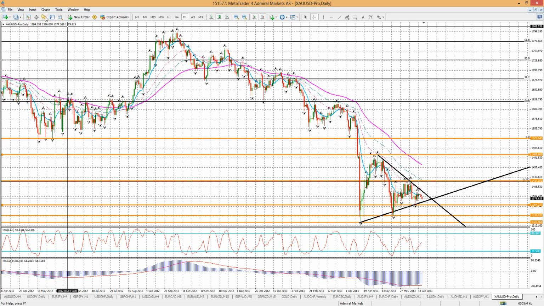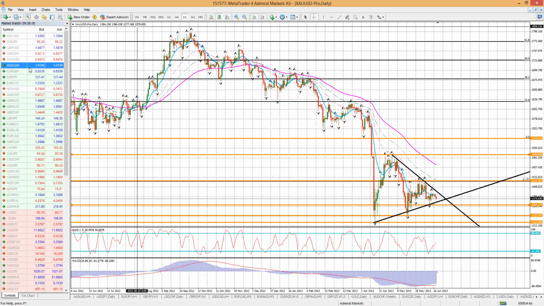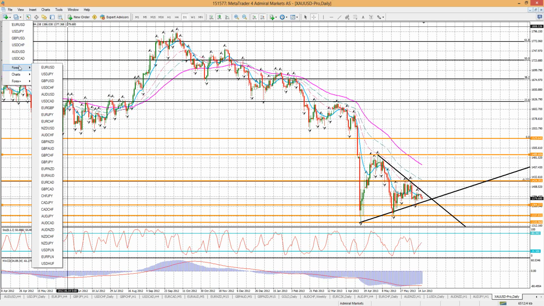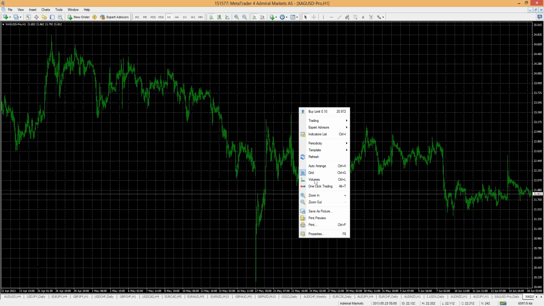Let me check. So I don't see it actually. So gold will be the one we'll have to go with, unless I'm missing something. Oh, there it is. Yeah, there it is. Sorry about that.